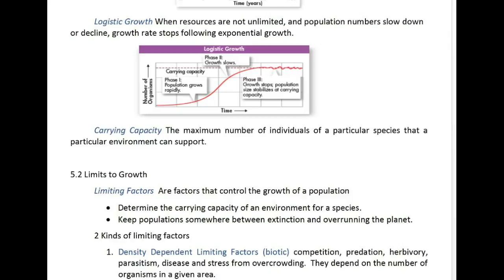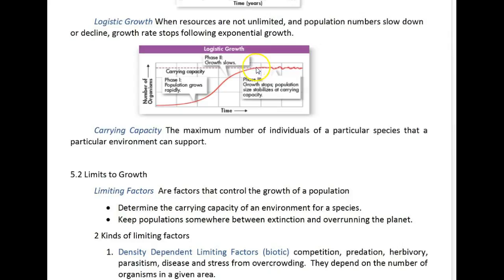But I believe that we were taking a look at logistic growth, and here's a graph that shows logistic growth. It starts with an exponential growth curve where it's J-shaped, and that suggests that resources are unlimited, and whatever the organism is, the species, they're able to thrive and grow and increase in number quite well until they reach this point.